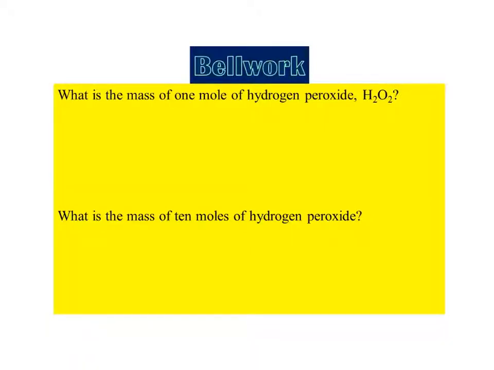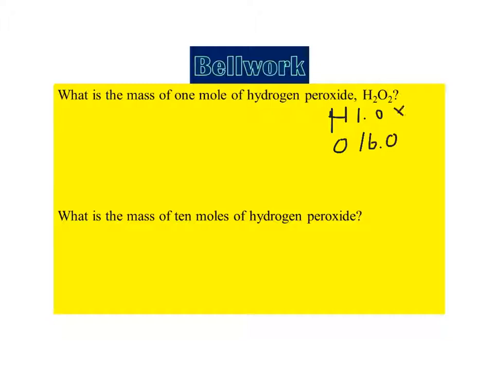Okay, the bell work today says, what is the mass of 1 mole of hydrogen peroxide, which is H2O2? And so what we need to do first is find the molar mass of this compound. So hydrogen has a value of 1.0, and oxygen has a value of 16.0.